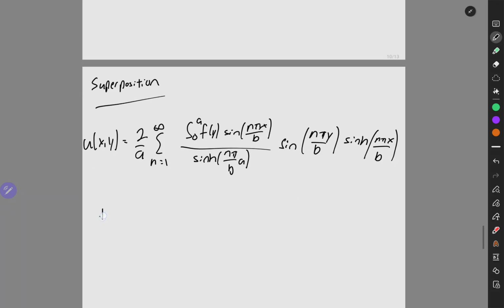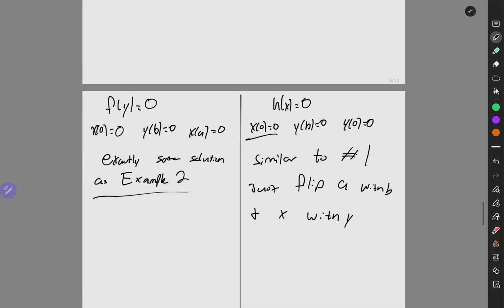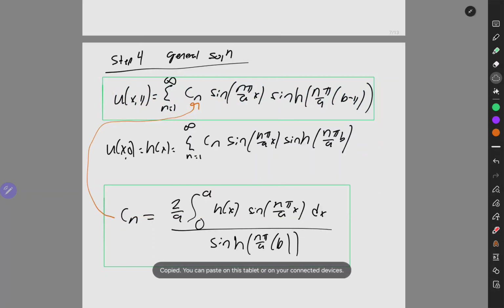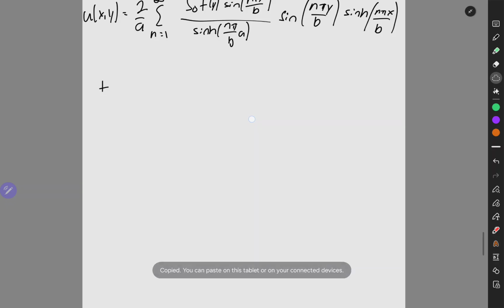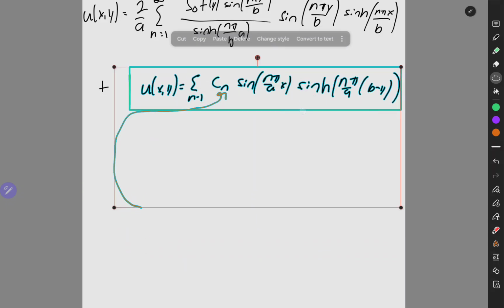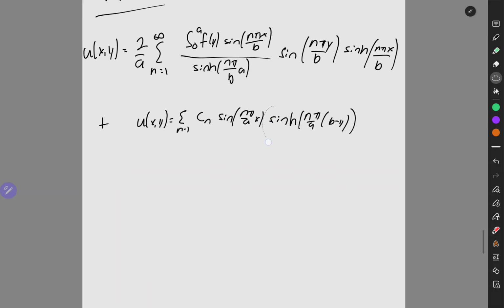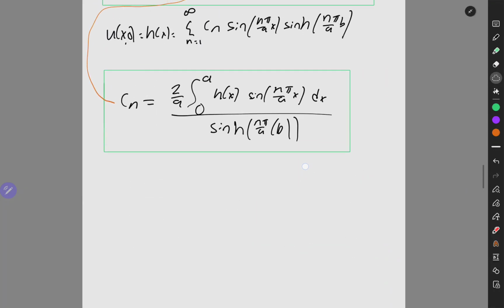And then for the second part, this is exactly the same solution as number 2. Nothing changes. It's this right here. But I don't have C sub n plugged in. Let me copy. I'm going to have to plug in C n there.